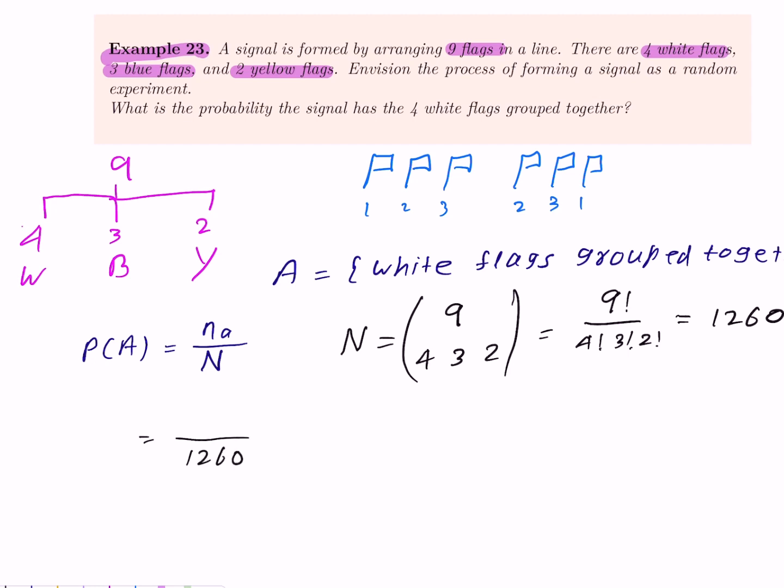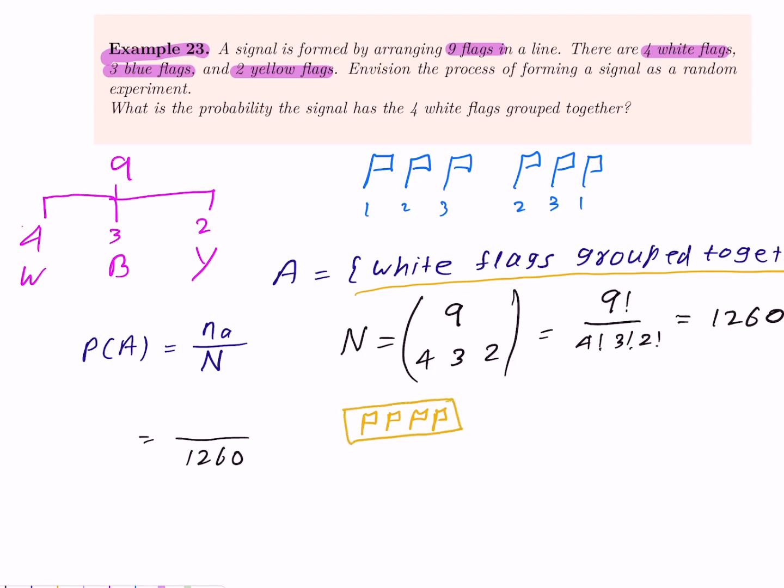Now we need to find N(A). How do we find N(A)? A is white flags grouped together, right? How many white flags? There are 4 white flags. So let me draw these 4: 1, 2, 3, 4. I group these 4 together.